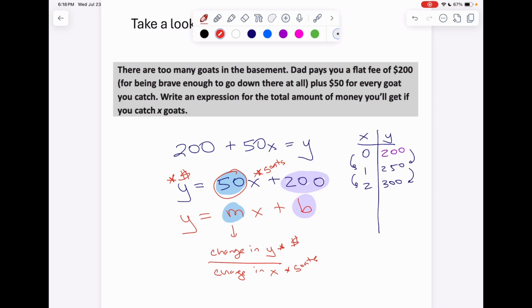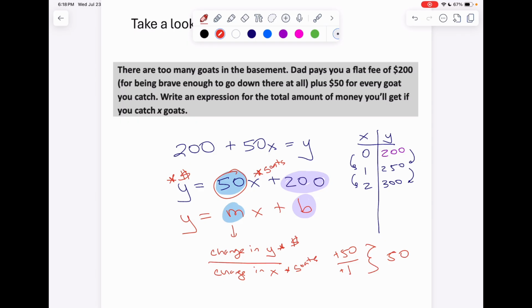Absolutely. Every time our goats go up 1, our money goes up 50. And check it out, 50 over 1, that's 50. That's our slope. So our slope is our change in y value per change in x value, or change in money for this particular situation per change in goat. So we can always think about the slope as the rate of change, how quickly our y value is increasing for each x increase.